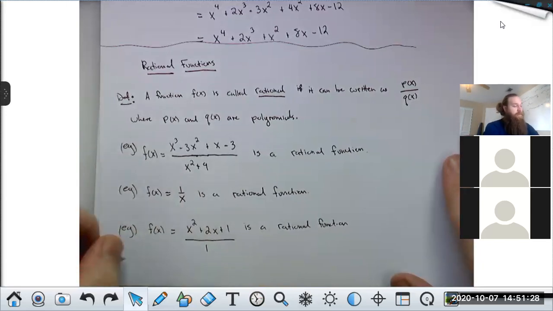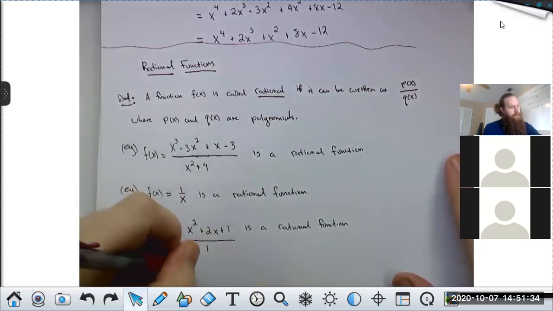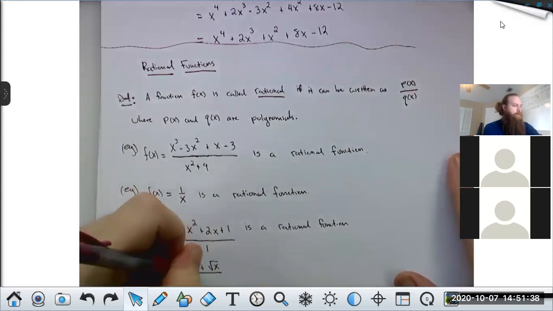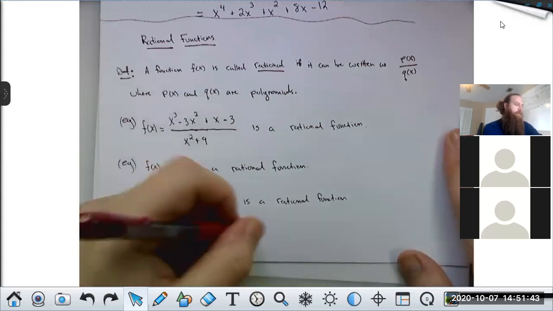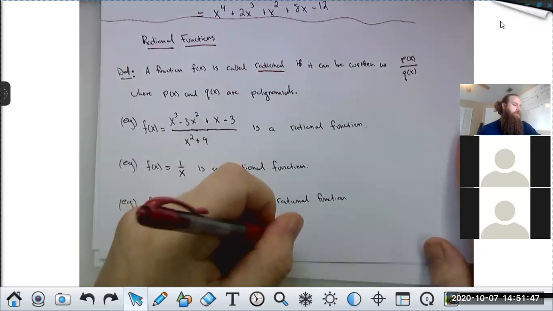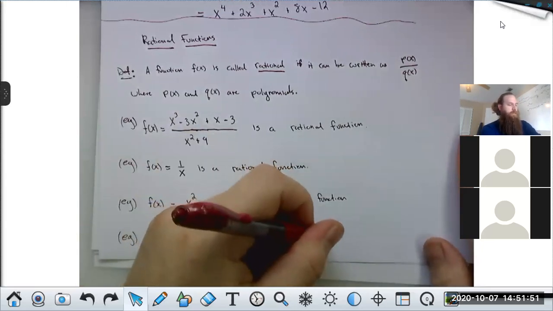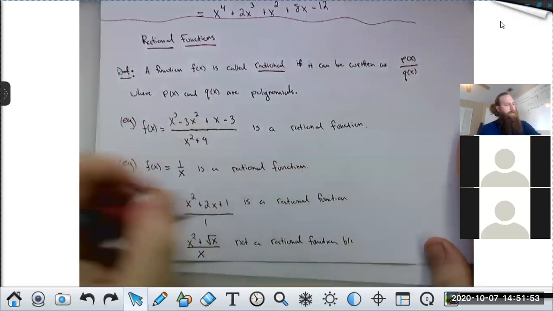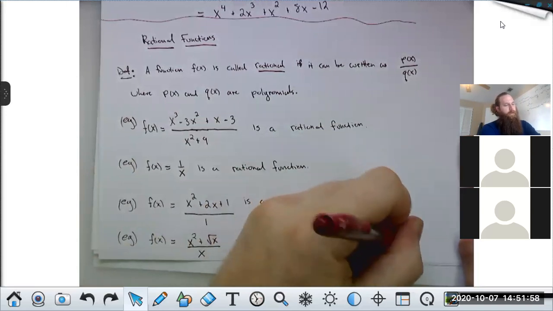Something that's not a rational function is f of x equals x squared plus the square root of x, over x. This is not a rational function, because the top, x squared plus the square root of x, isn't a polynomial.